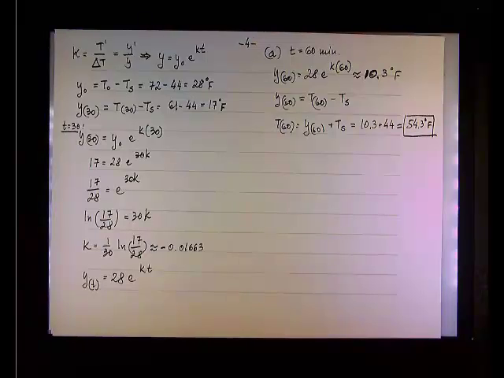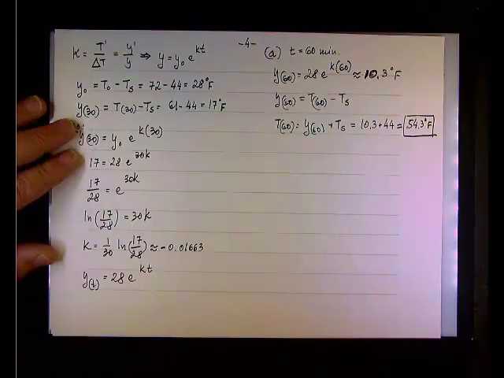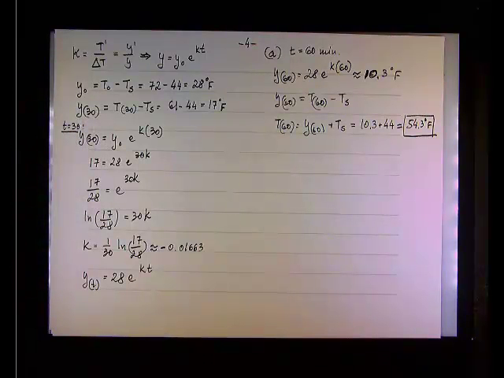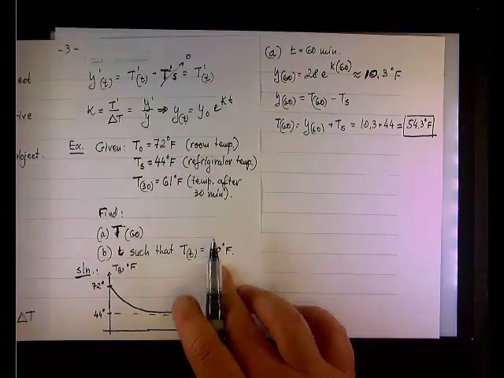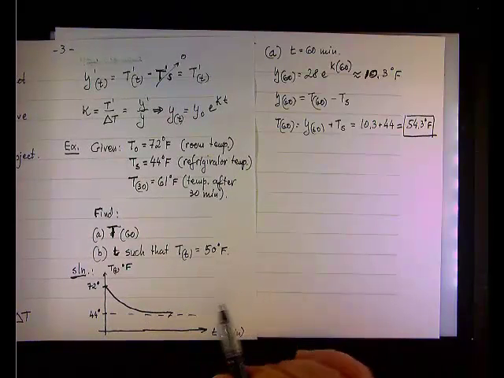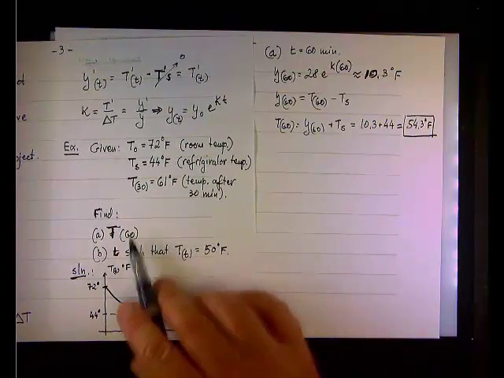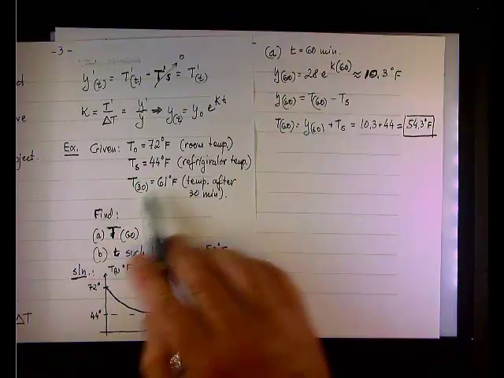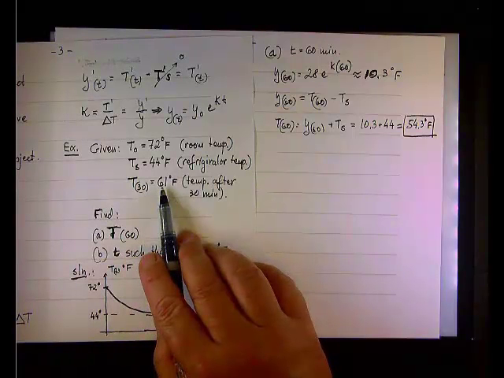Let's see if it makes sense. Remember the data. The first data that we were given was that after 30 minutes, the temperature was 61 degrees.